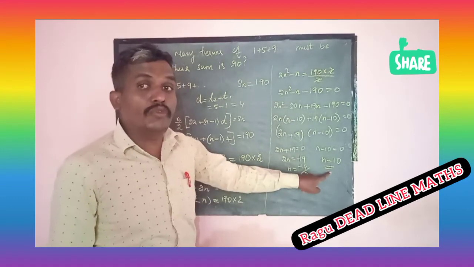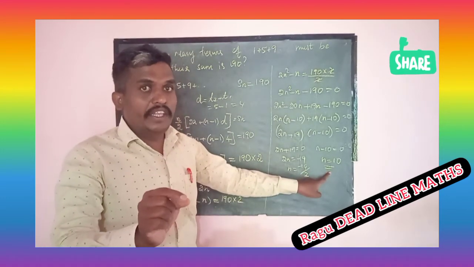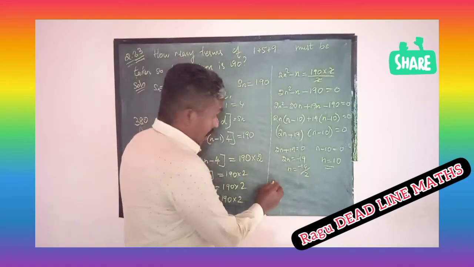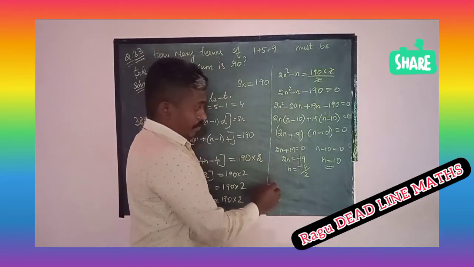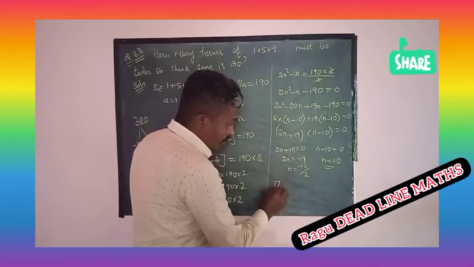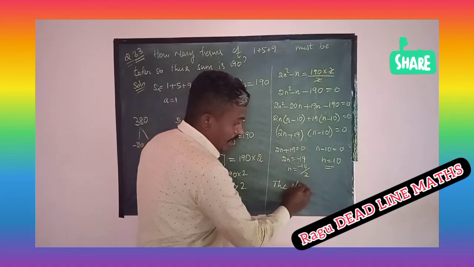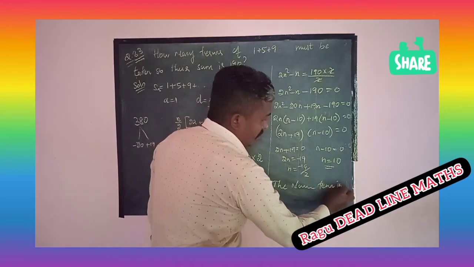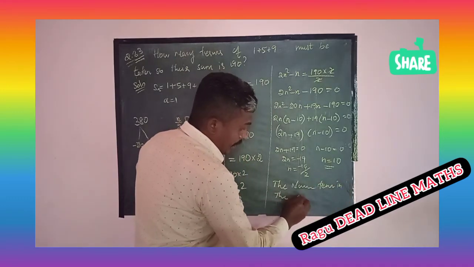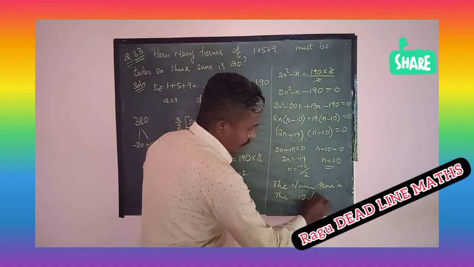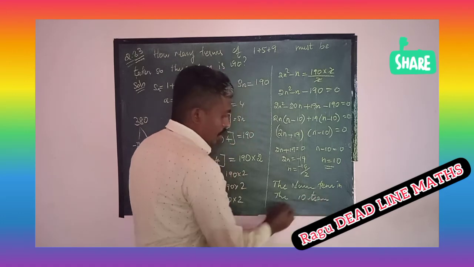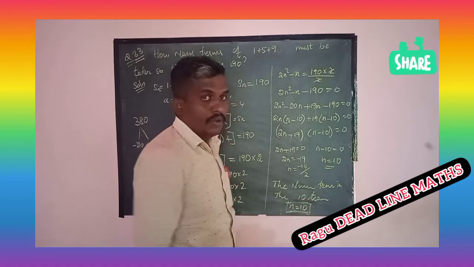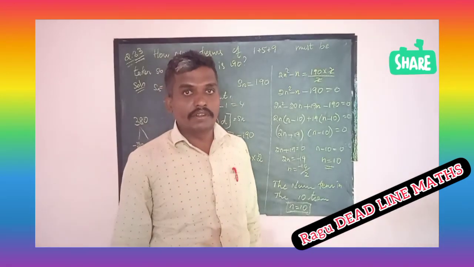Only the positive value is considered. So the number of terms in the sequence is 10. So n is equal to 10. Did you understand? Okay, thank you.